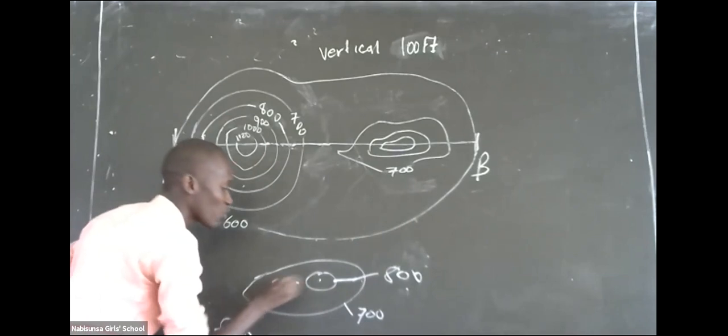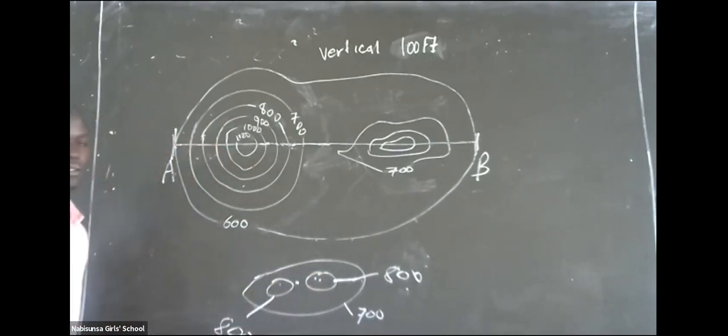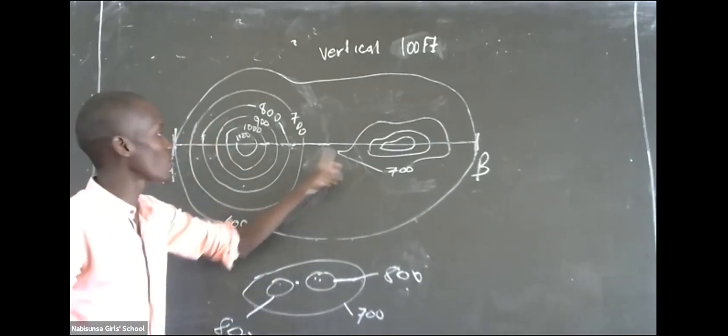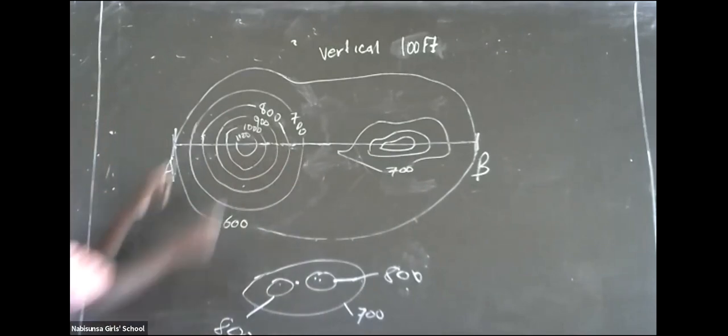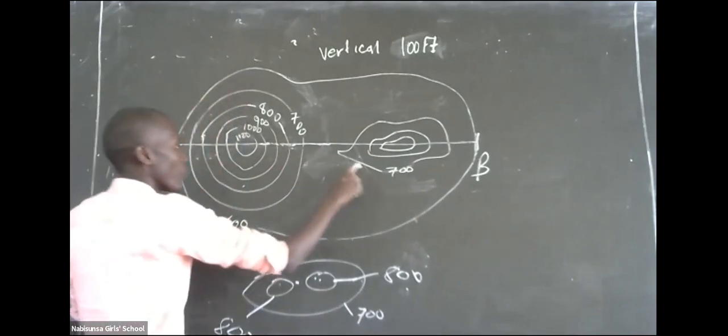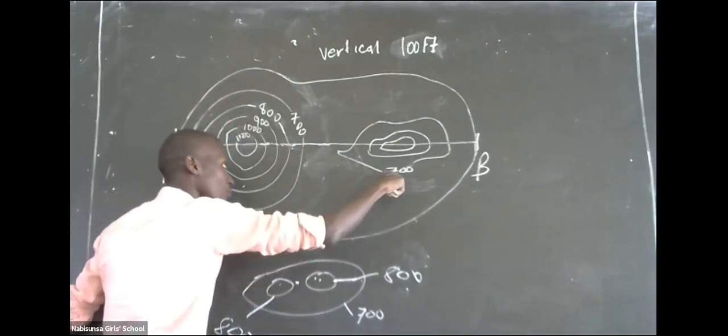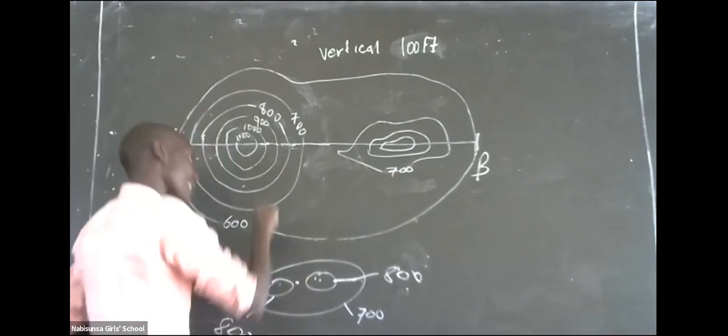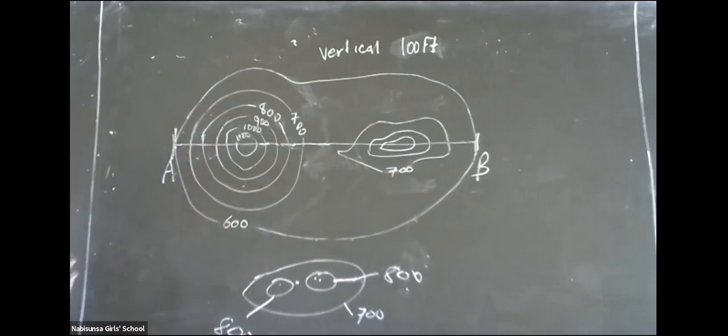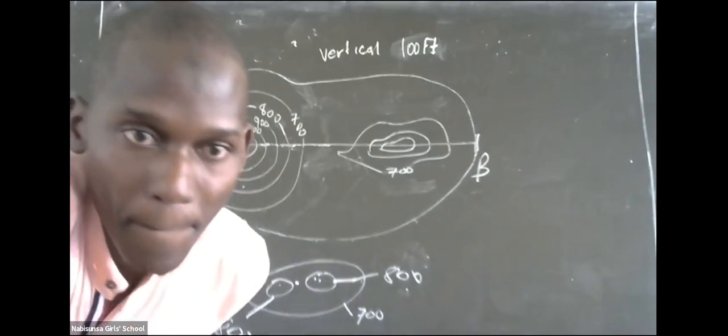These ones are like twins. It's the same thing with this one and this one because they share the same level. When I come from here, I go to 700. When I come from here, I go to 700. Do you get the idea? Have you understood it? Yes, teacher.